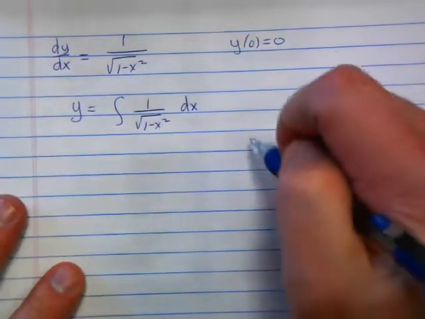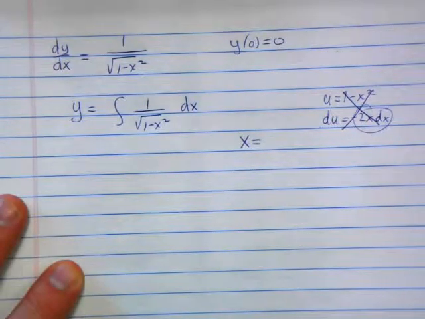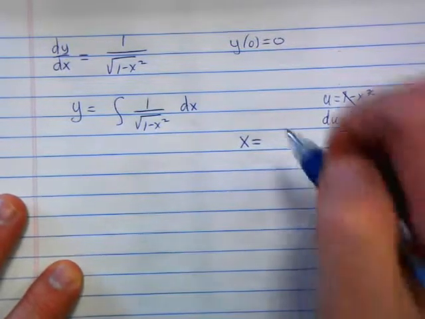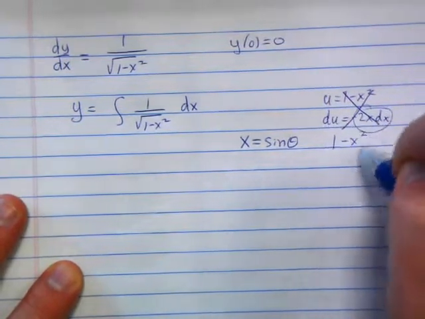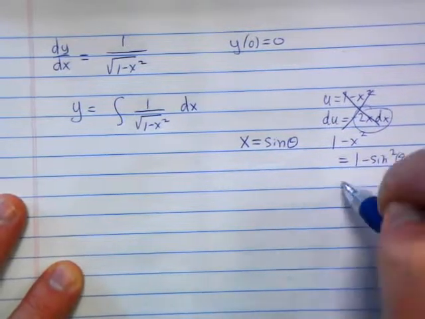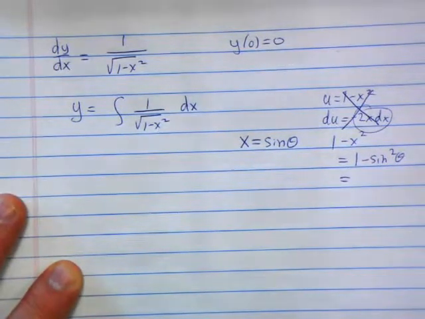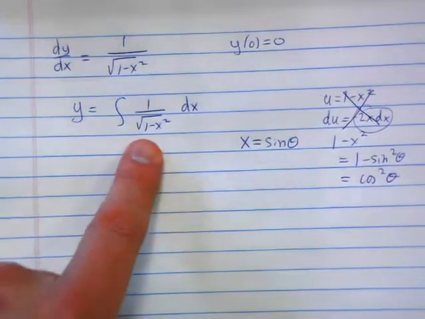All right, so in this case, I think we want to let x equal sine theta, because 1 minus x squared would then be 1 minus sine squared theta, and 1 minus sine squared is cosine squared theta. So that's going to let us get rid of that square root.